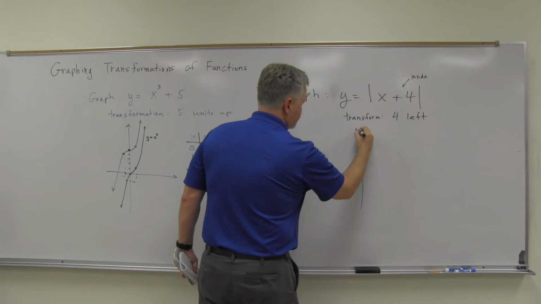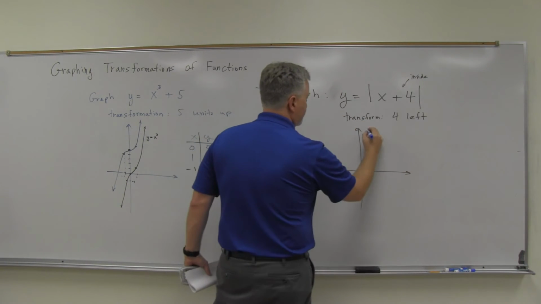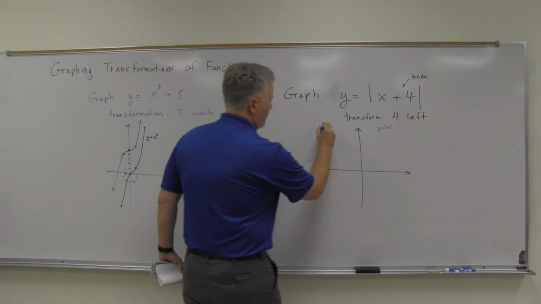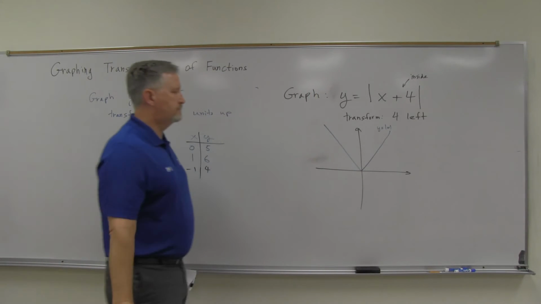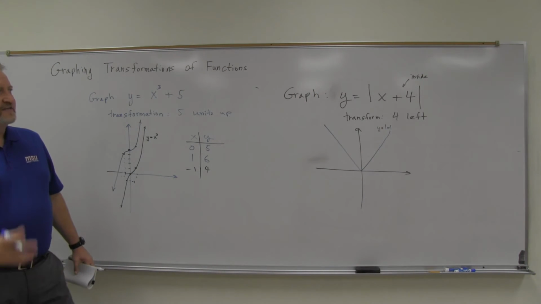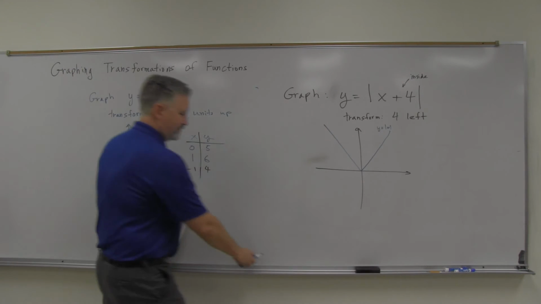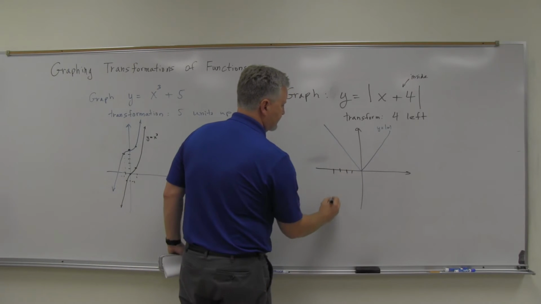So again, you don't have to necessarily draw the absolute value graph, but if I just do y equals absolute value of x, that's the V-shaped graph like this. And so now I've got that graph 4 to the left. So if I go 4 to the left, 1, 2, 3, 4.